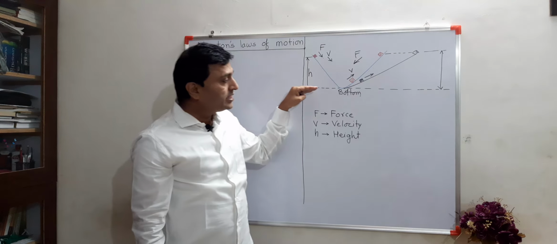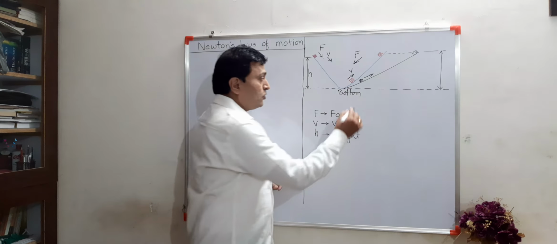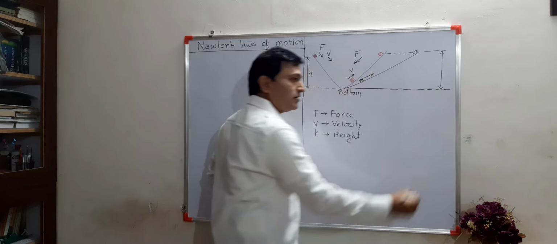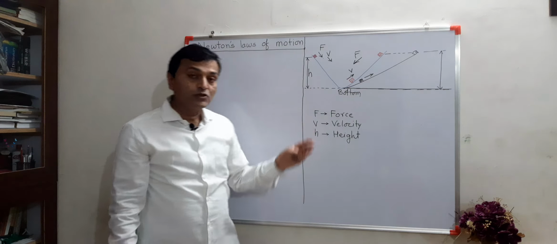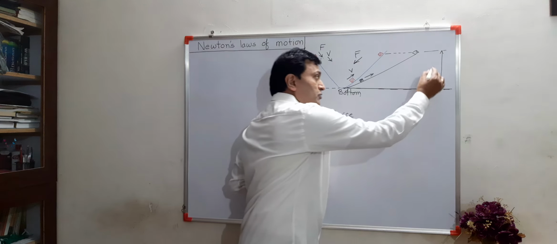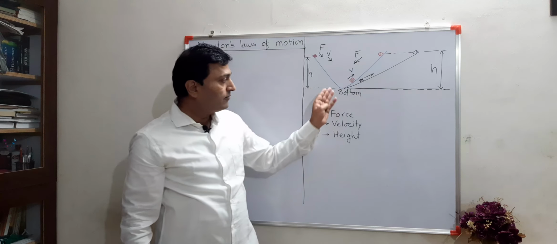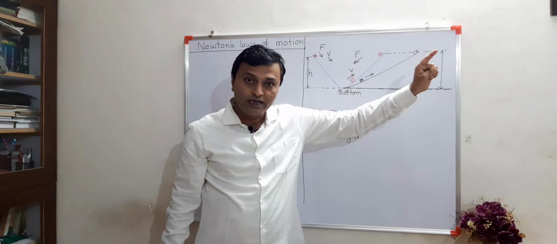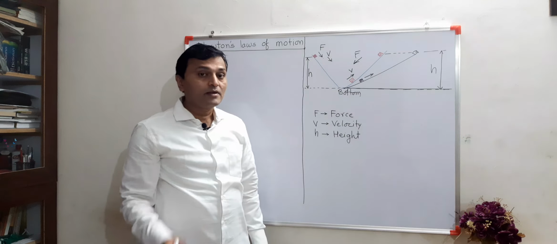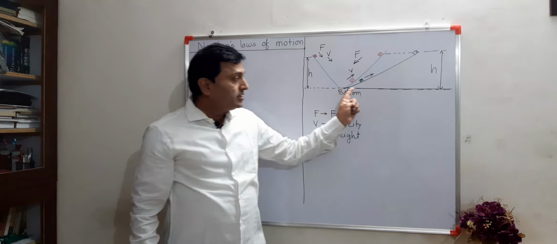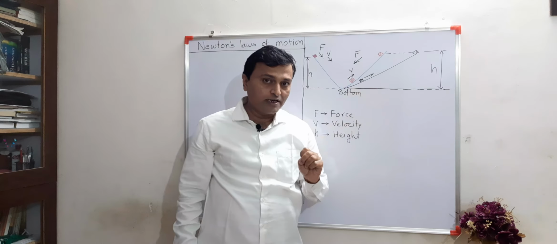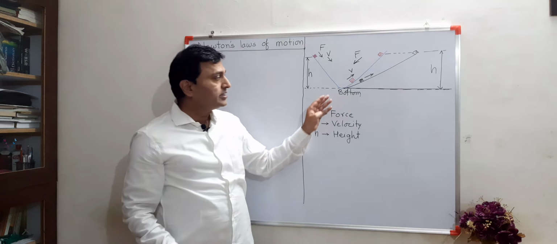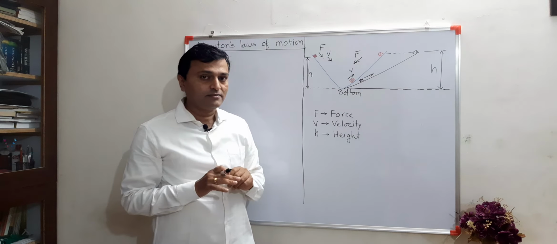And suppose there is no slope. If the slope is 0, suppose this surface is horizontal, there is no possibility to achieve height h after this point, means it will travel continuously up to infinity, because in the horizontal direction there is no force. If there is no force, there is no change in velocity.